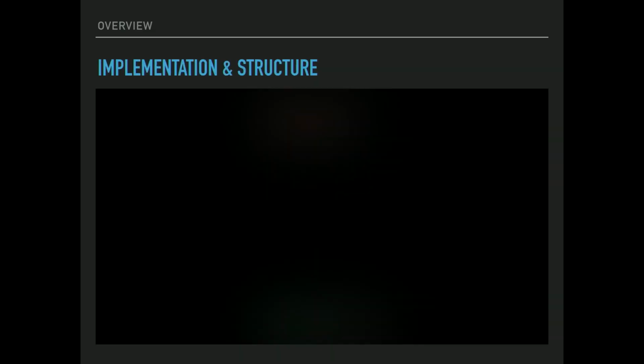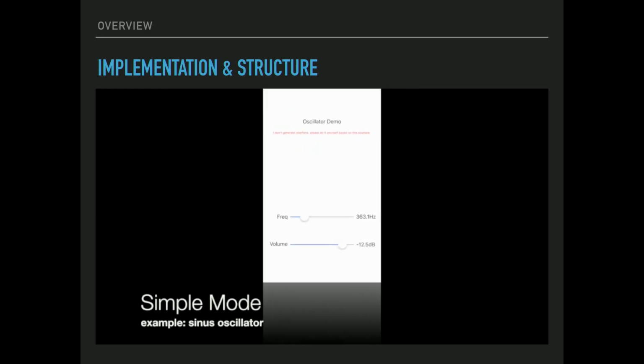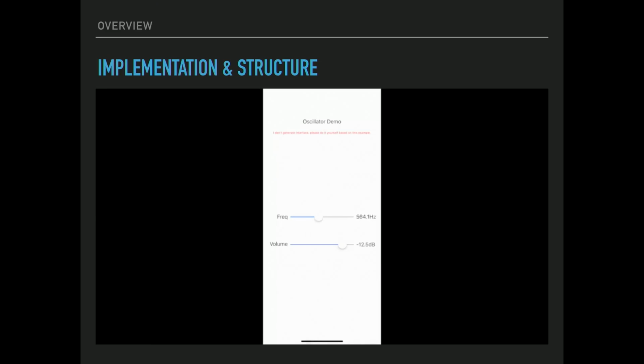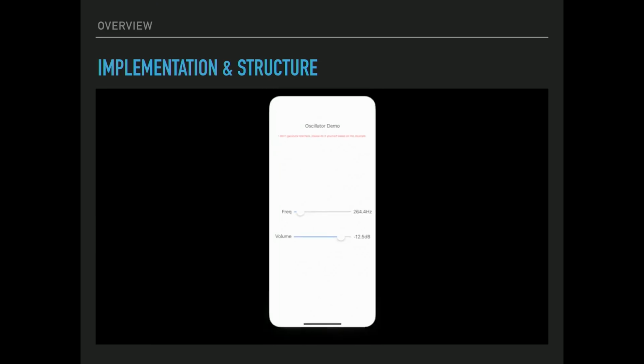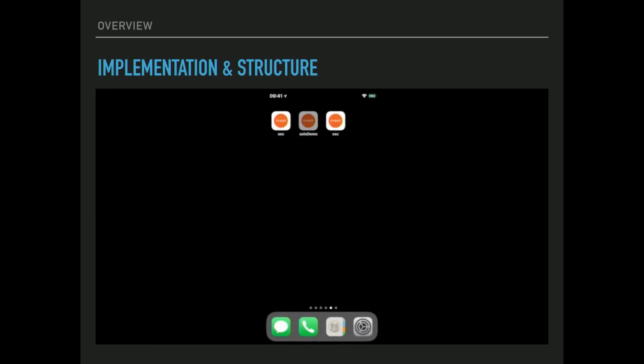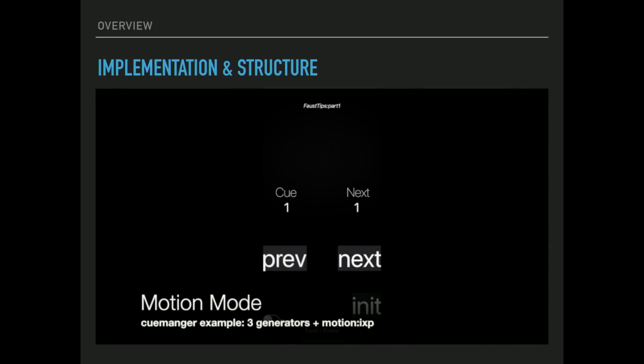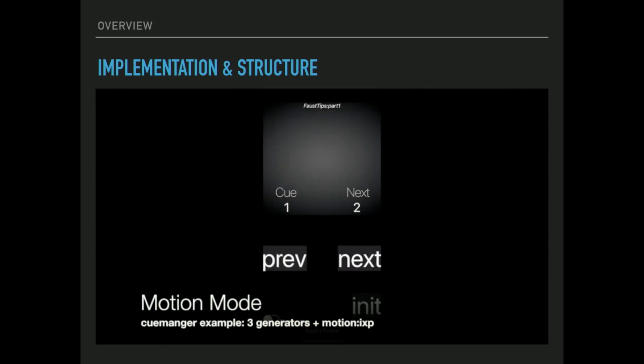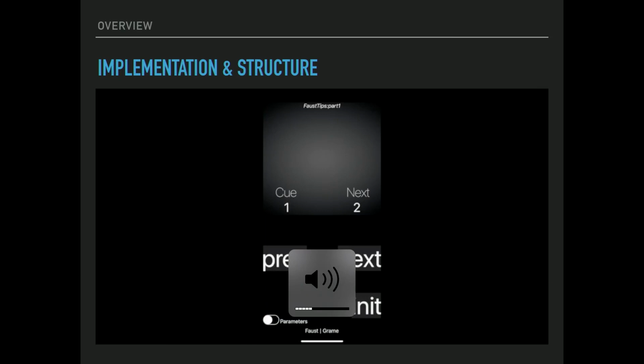And next, I want to show you some small video clips to show you the three different modes. For example, the simple mode is a very simple sinus oscillator. And the second is the motion mode. We have a queue manager interface to switch between the different oscillators, controlled by the motion functions.